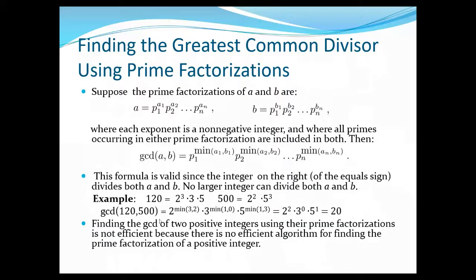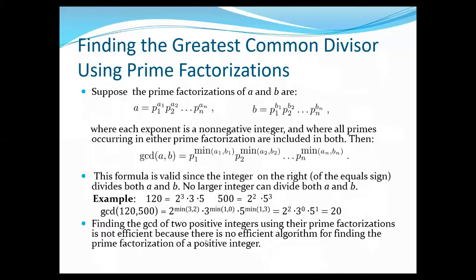And then we're going to get the minimum exponent of each prime factor from the given. For example, for 2, we have exponent 3 and exponent 2, and the minimum is 2.